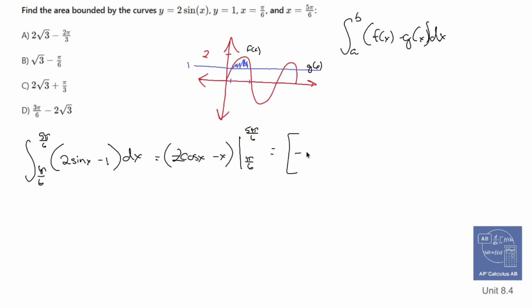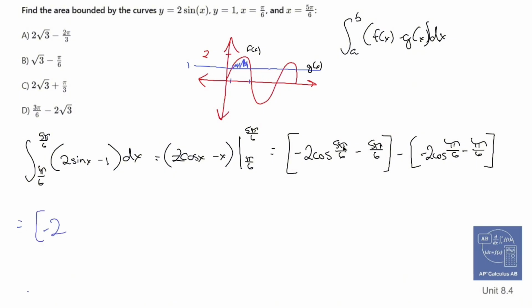We plug in negative 2 cosine 5 pi over 6 minus 5 pi over 6, and we're going to subtract out negative 2 cosine pi over 6 minus pi over 6. So negative 2 times cosine of 5 pi over 6.